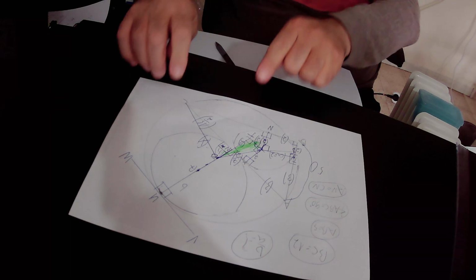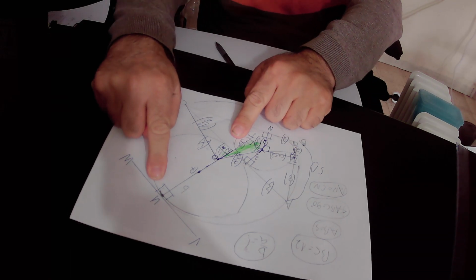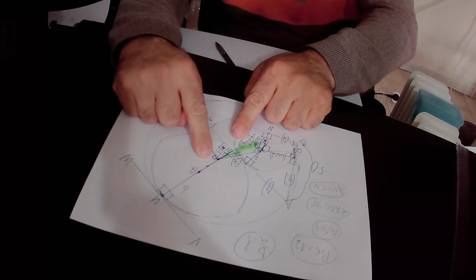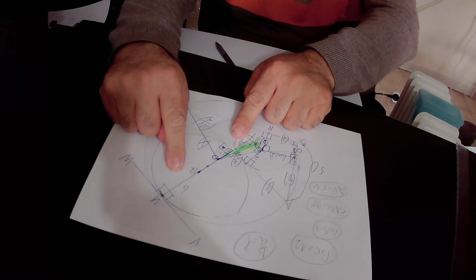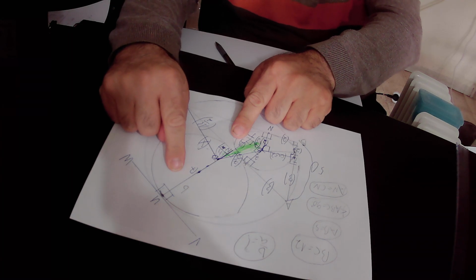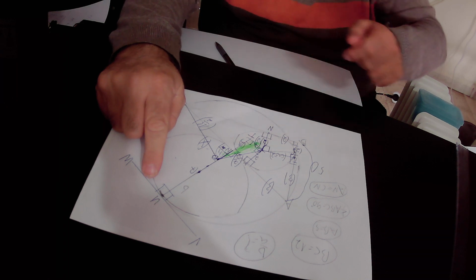So what is the length of line segment UN? It is very easy to see that UN equals UO plus ON. Again, UN equals UO, that is x, the radius of the bigger circle, plus ON, that is h. So in total UN equals x plus h.